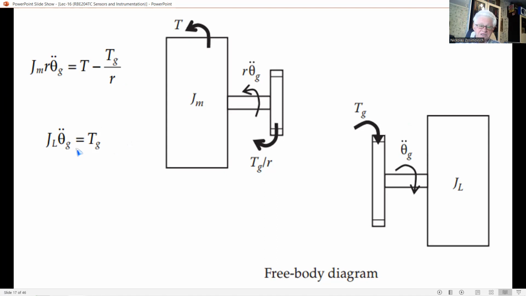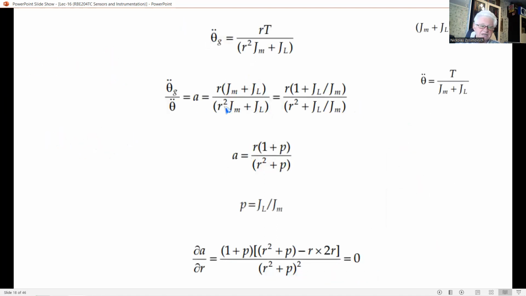By eliminating T sub g in the equation, we get this expression for theta double dot on the top, divided by this equation for theta double dot of the unit without gear, and we get this expression.